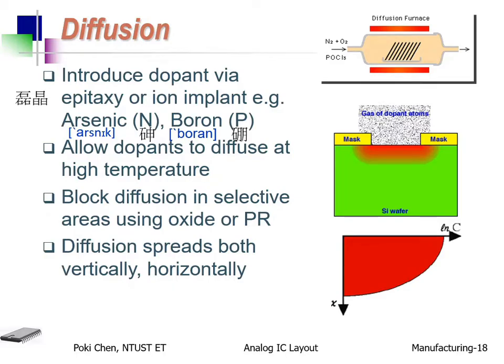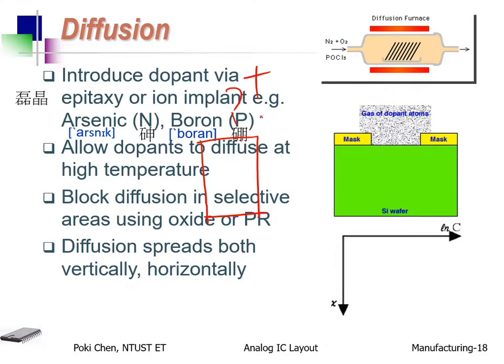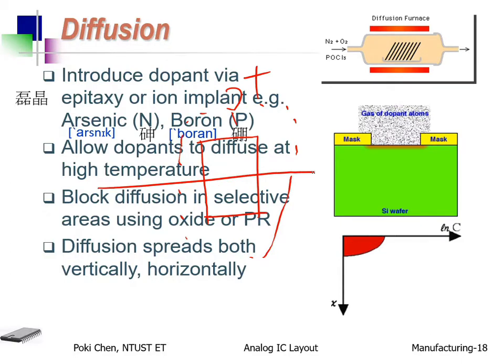So maybe from the beginning, you have this opening for your P plus region. But after fabrication, especially after diffusion, the real area will look like that. I cut it and have the cross-sectional view here for you, right?